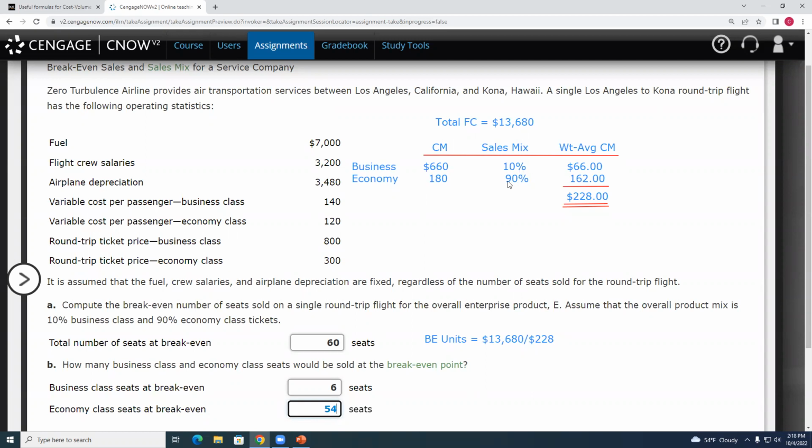If you change this sales mix to 5 and 95, the impact on our results would be dramatic. I'm just going to do a quick calculation here. That would change our weighted average contribution margin to $204 rather than $228.